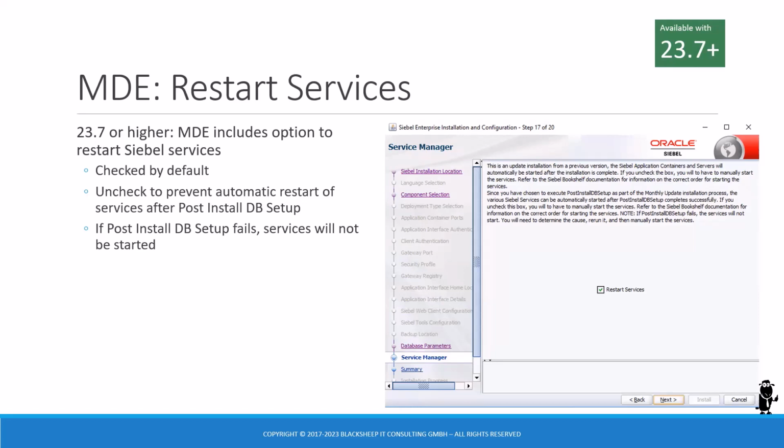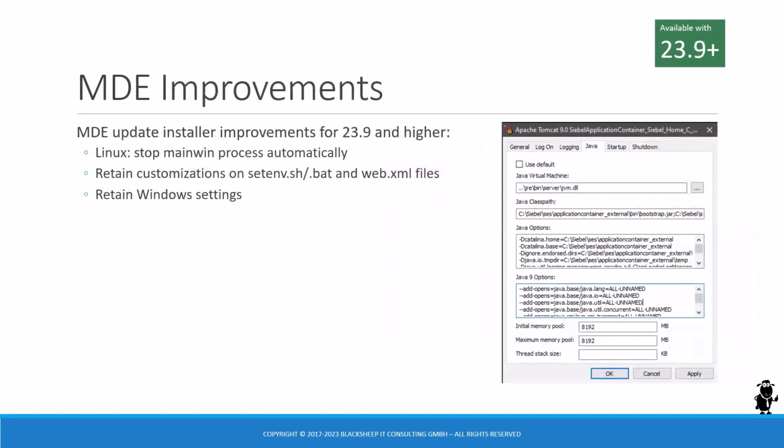And that was fixed basically. And further improvements: it retains most of the customizations in, let's call it, the control files of Tomcats, setenv, web.xml, and the Windows settings, including the memory allocation, which was a pain on Windows when you did an update, and it always went back to default, very unsuitable numbers for Siebel.